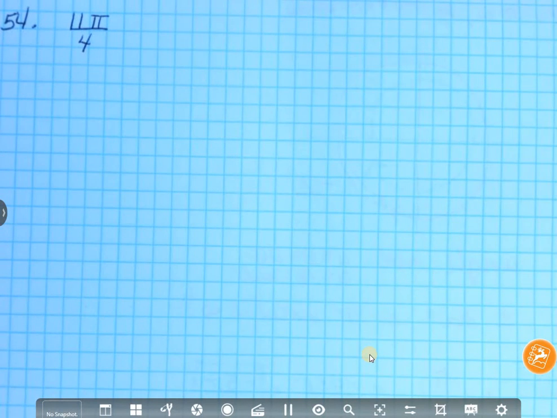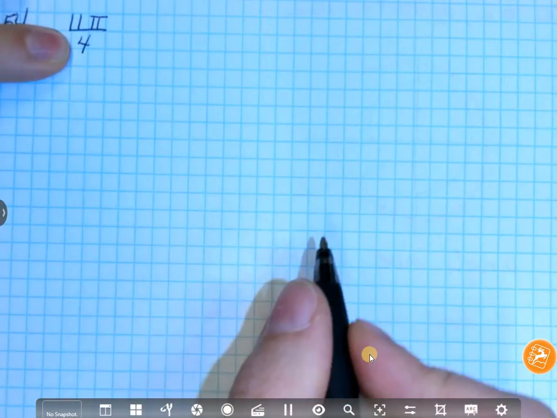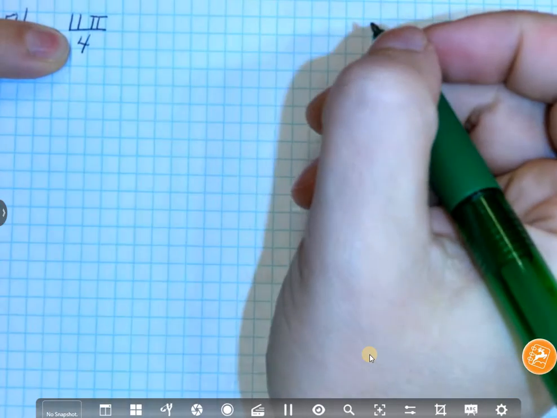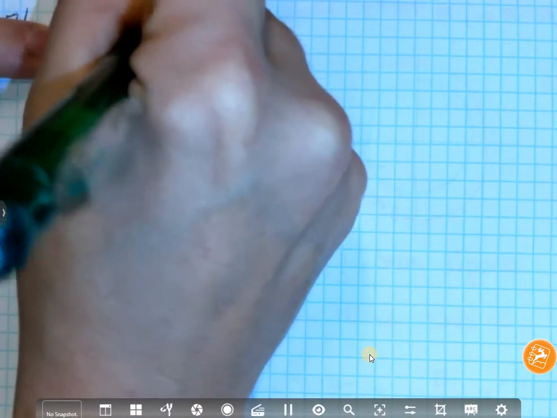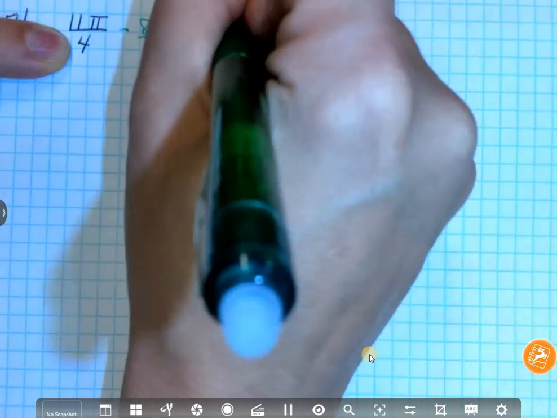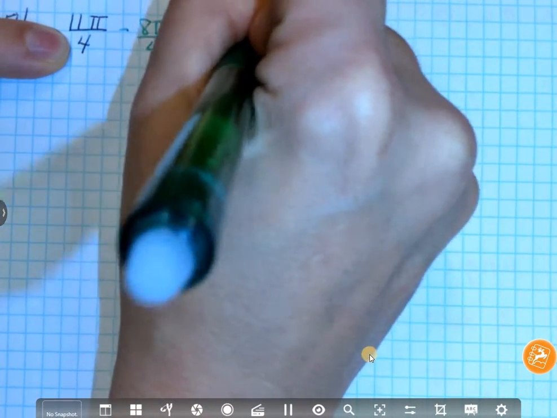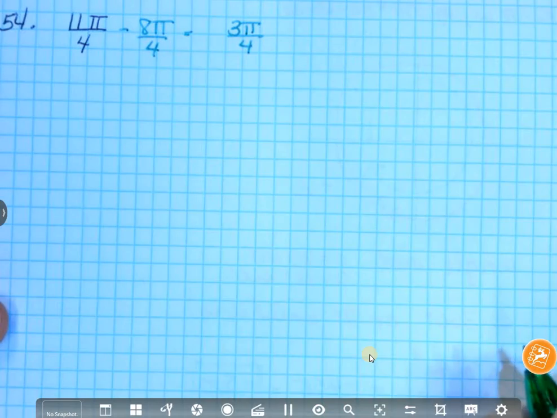You don't like it? Make it between 0 and 360, or 0 and 2 pi for this case. So 2 pi in terms of fourths is what? 8 pi over 4. So that's the same thing as 3 pi over 4. So you can just use that.